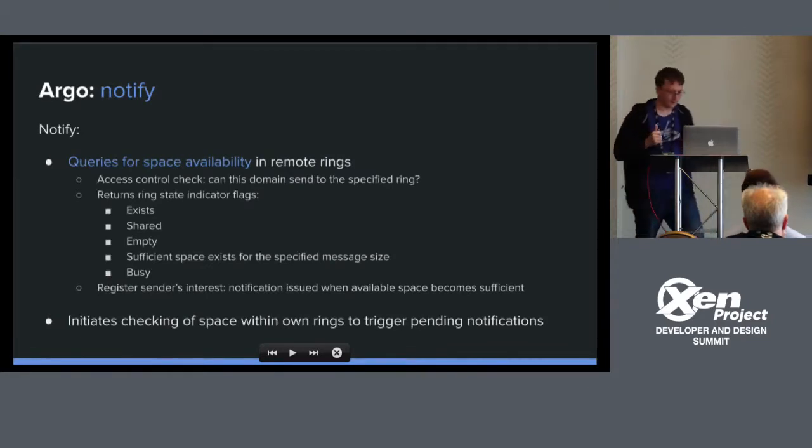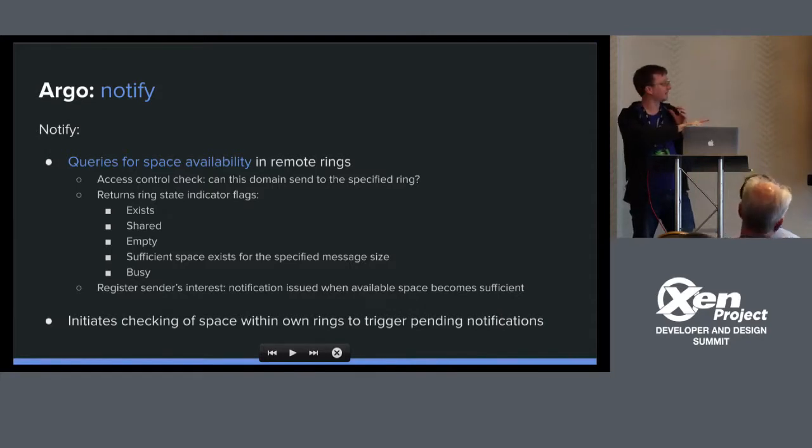So the fourth call is notify. This is for where a VM can query a receive ring in another guest to say, is there space in there? There's an access control check.